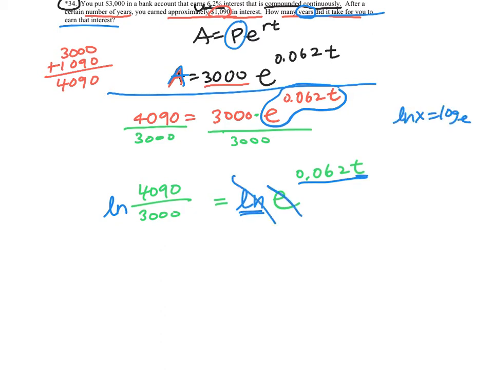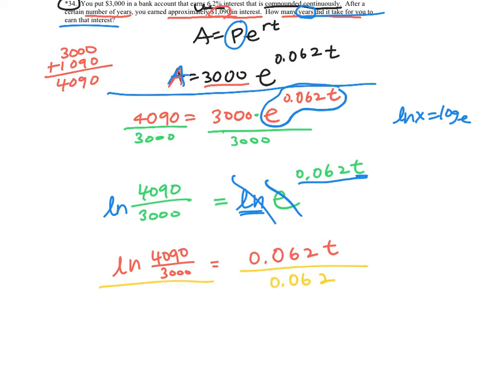This will allow me to cancel out the base of e, right? I can unexponentiate. So on the left hand side, I have the natural log of 4090 over 3,000. On the right hand side, I have 0.062t. And to get t by itself, I just need to divide by 0.062.